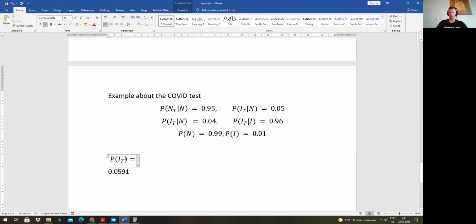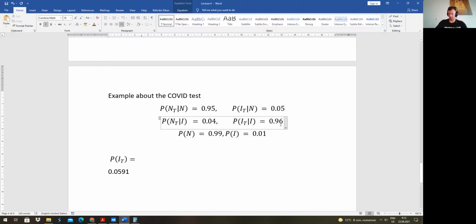So look, how can we arrive at this result, IT? Wait, there is something wrong in my notes. Yeah, so here must be this, not infected, given that the person is infected. Okay. How can we arrive at this result IT?